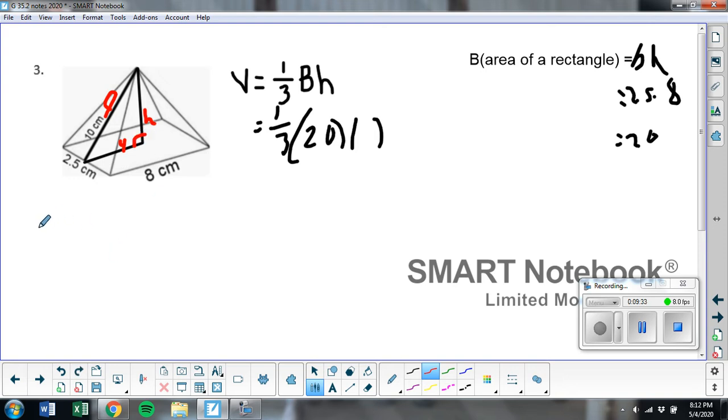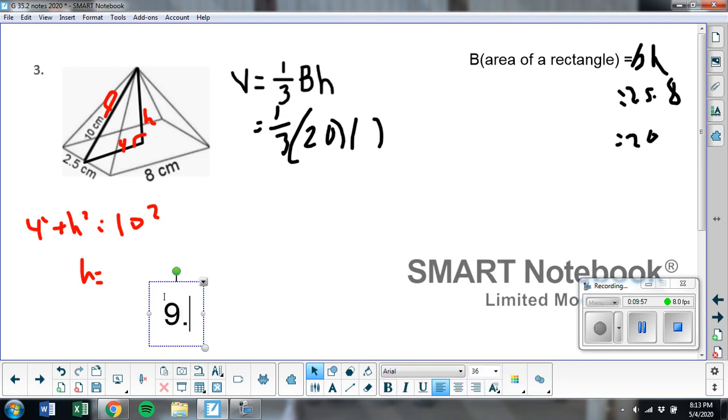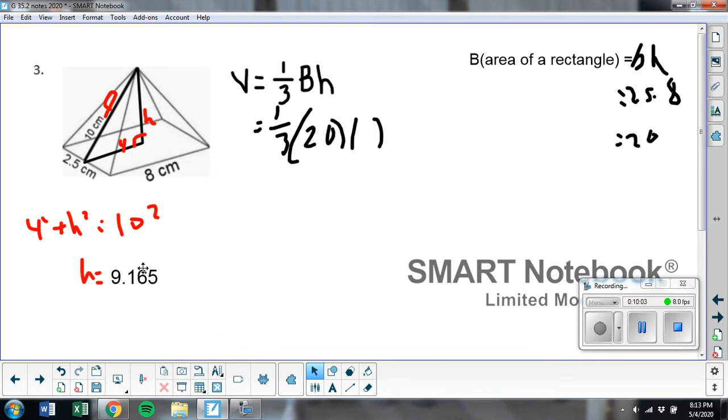So we're going to go ahead and do 4 squared plus h squared equals the hypotenuse, which is 10 squared. Go ahead and do your work on that. And I got 9.15 as my actual height. That's this height right here.